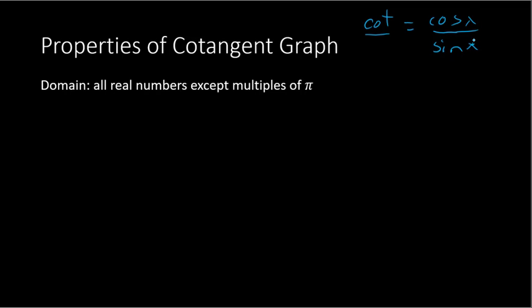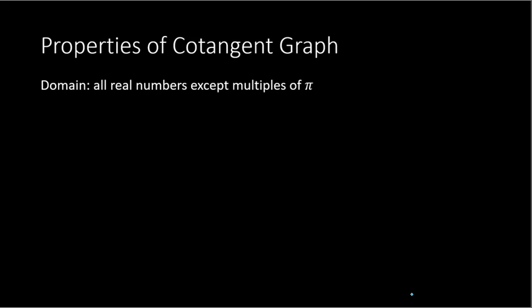Because otherwise this would be undefined. So where is sine equal to 0? Well, sine is equal to 0 when x is 0, or at 180 degrees, or at pi, so sine of pi, and then back at 2 pi, and then 3 pi, 4 pi, basically anywhere here at 0 or over here at pi is going to be undefined.